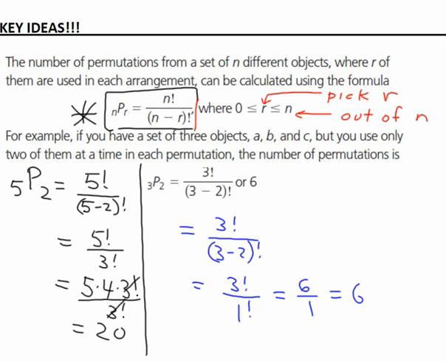Or I could leave out the red one and then have yellow and blue, and blue and yellow. Or I could leave out the blue one and have red and yellow, and yellow and red. So there's 6.